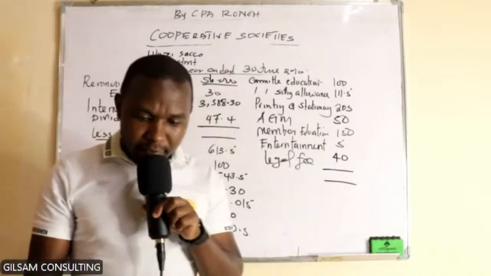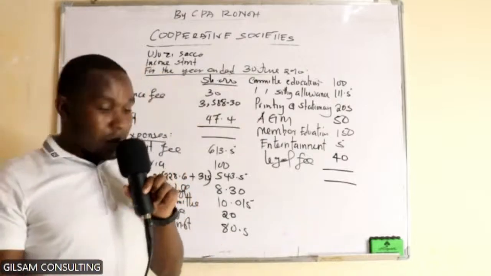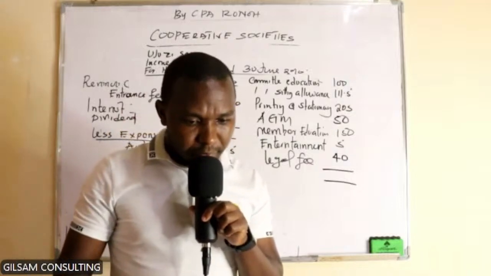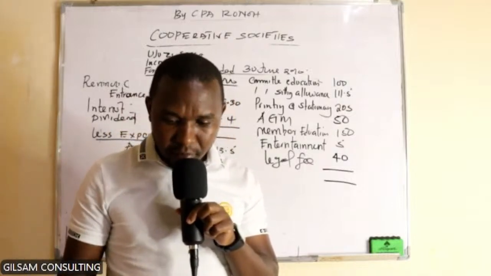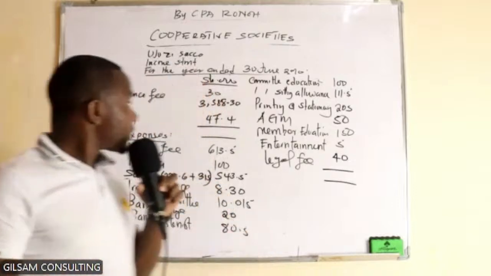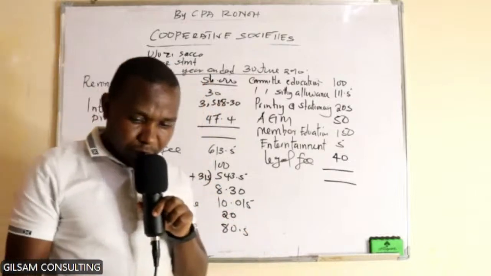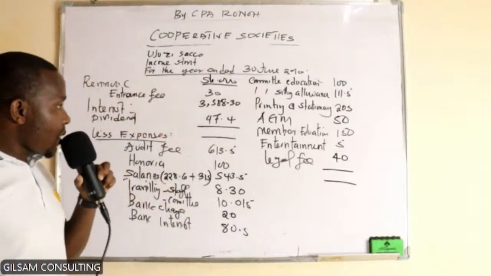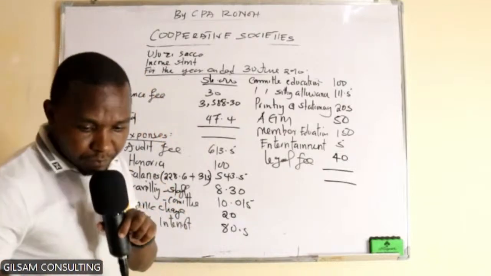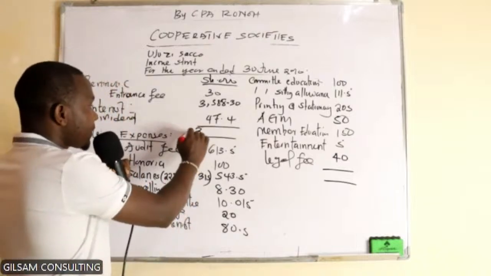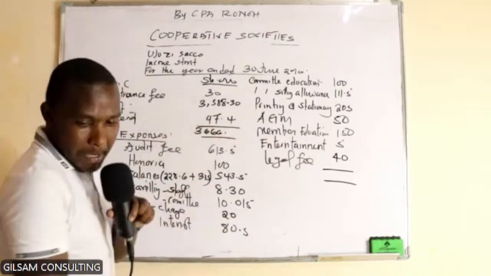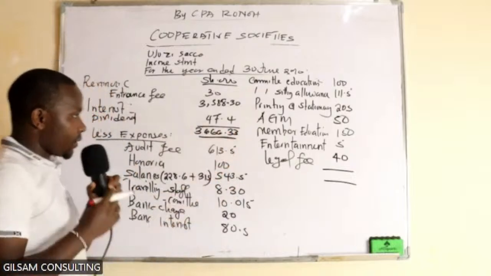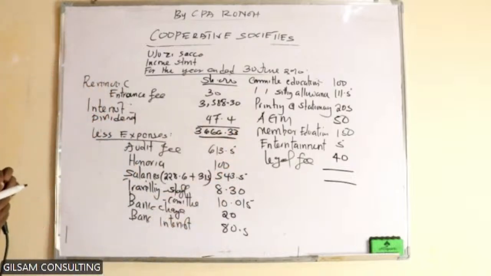So let's take 30 plus 358, that 558.93 plus 47.4. So the total profit or the revenue, I'm getting that 666.33. So kindly confirm if you are getting the same figure with me.